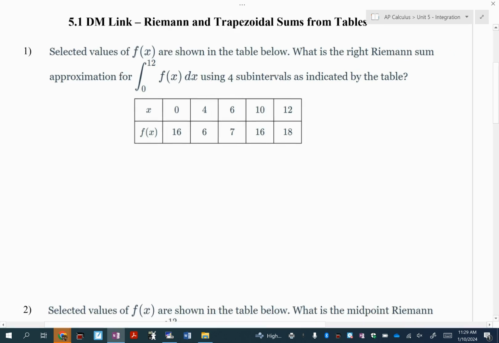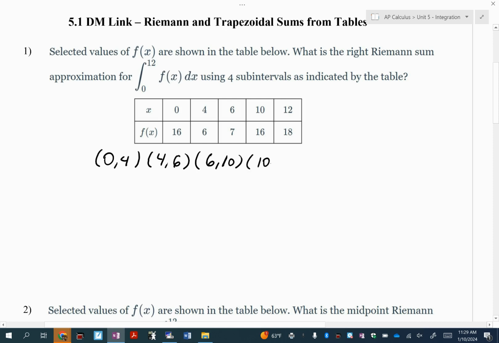What I would tell students always when you see a right Riemann sum or left Riemann sum is to write down your intervals. So my first interval in my x values is 0 to 4. My second one is from 4 to 6. My third one is from 6 to 10.